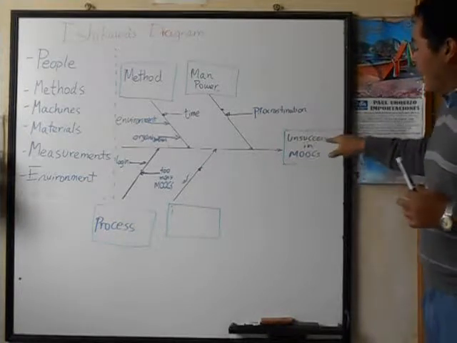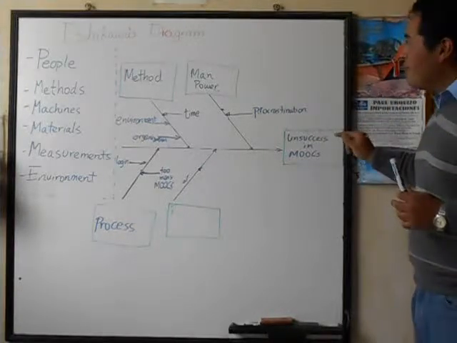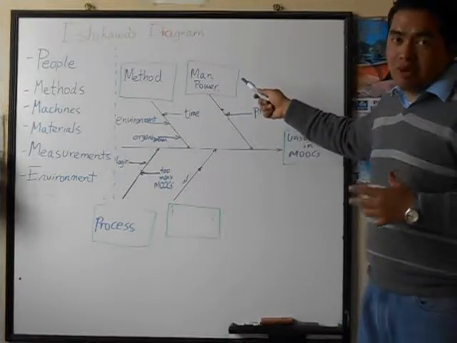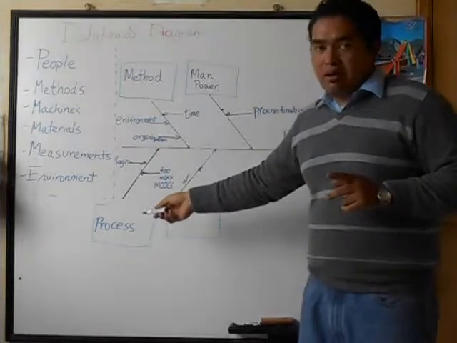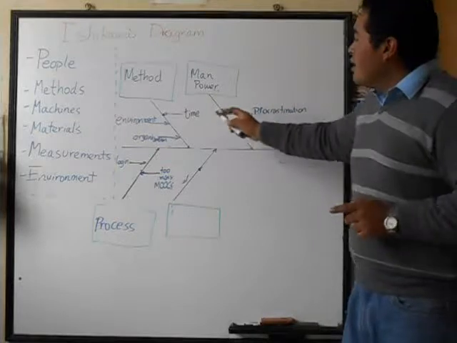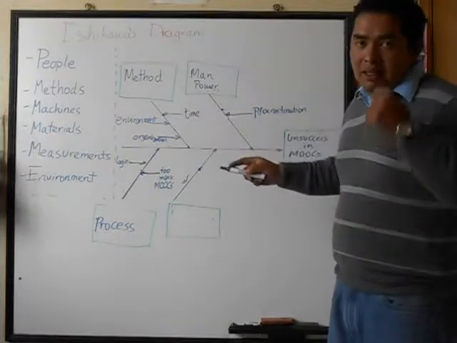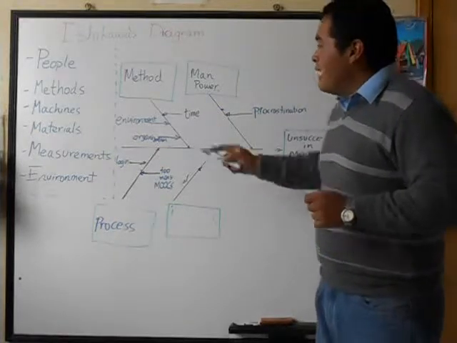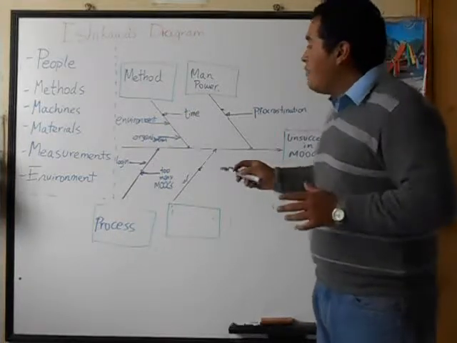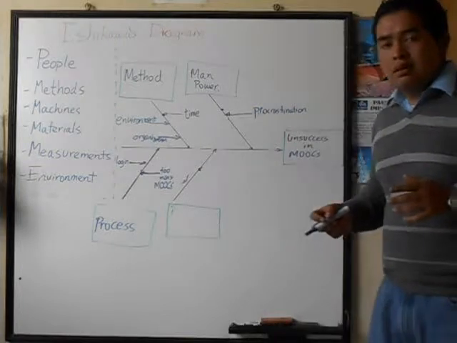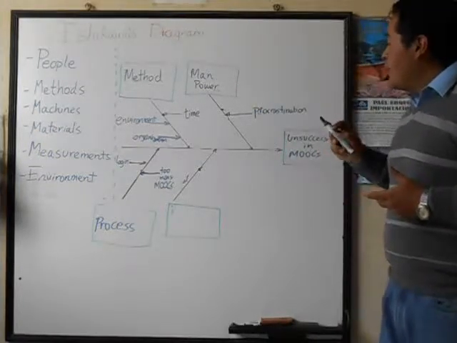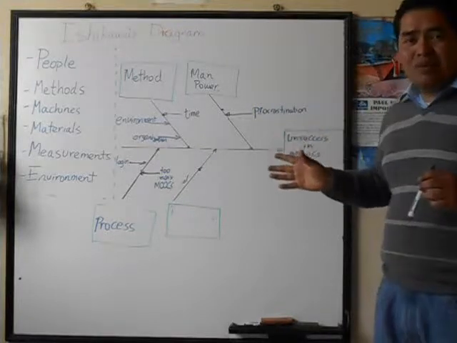Now I have a set of causes, subcauses, and the outcome. I am unsuccessful in MOOCs because my method is wrong, maybe my manpower, my will, my process is wrong. Why is my method wrong? Because of time. I am not giving MOOCs enough time, I am not studying in an adequate environment, or I am lacking organization. Maybe concerning my manpower, I am procrastinating too much.